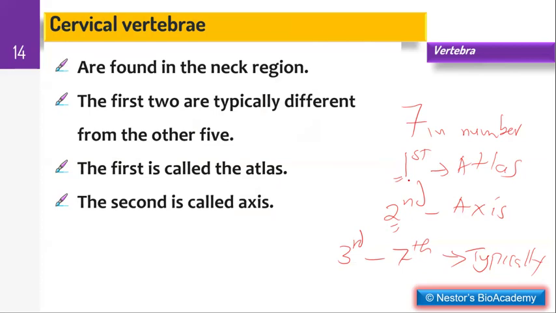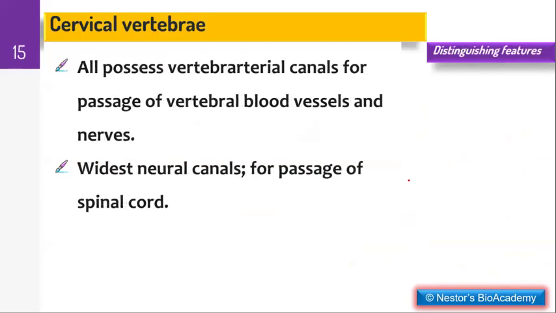Now, the main distinguishing feature of all cervical vertebrae compared to the other types of vertebrae we have just described is that they possess additional canals we call vertebrarterial canals. These canals allow for the passage of vertebral blood vessels and also nerves.